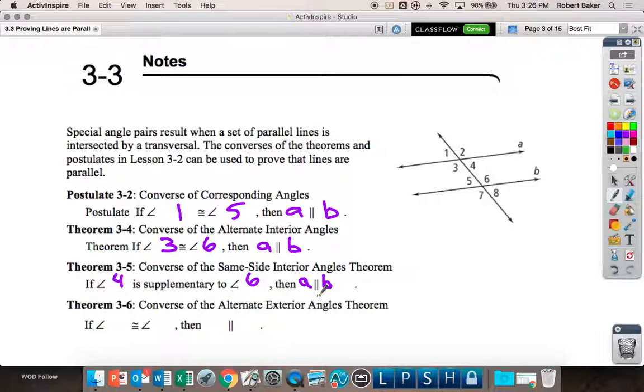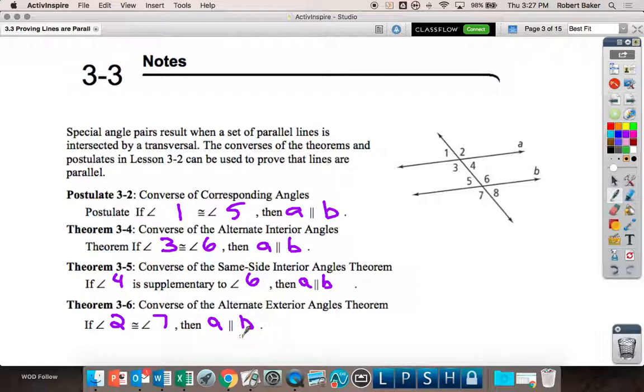You're just using a different reason to conclude that. Now, identify a pair of alternate exterior angles. 2 and 7. If 2 and 7 are congruent, then you can conclude that A is parallel to B. Perfect.